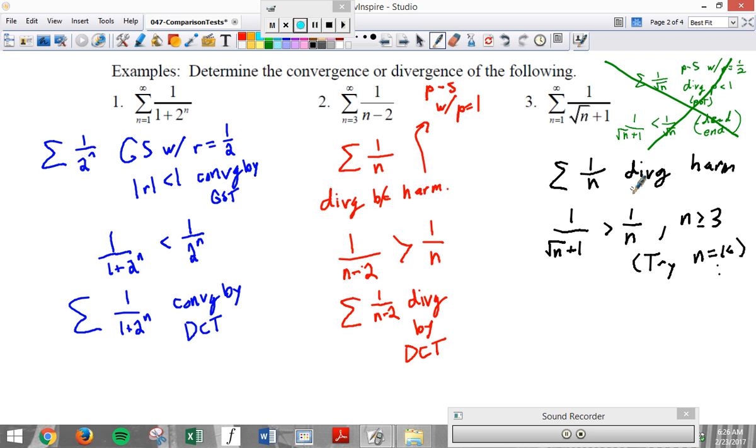You wouldn't write that down. So that diverges. It's a smaller series. I have diverges and smaller. So this guy diverges by DCT. Oh gosh, I didn't write diverges. I'm sorry.